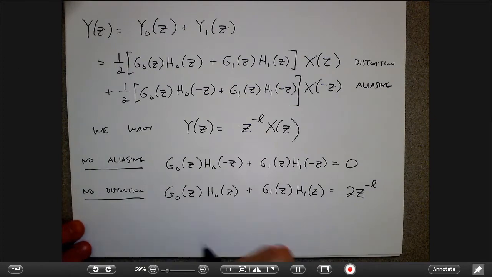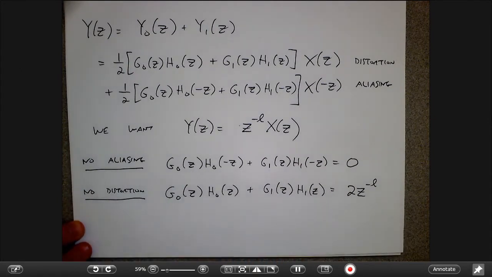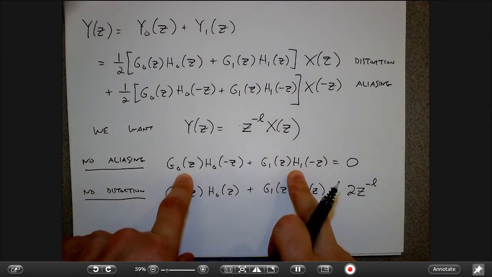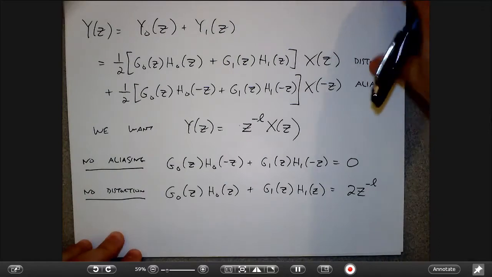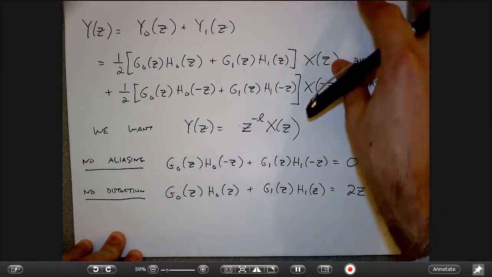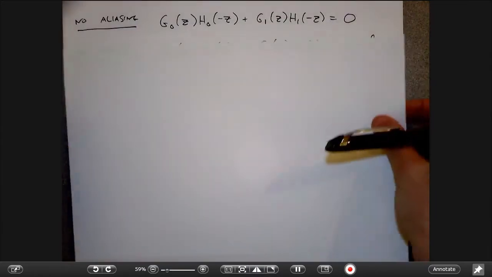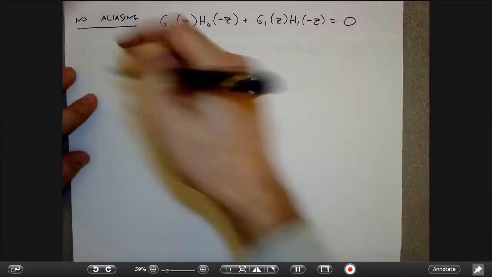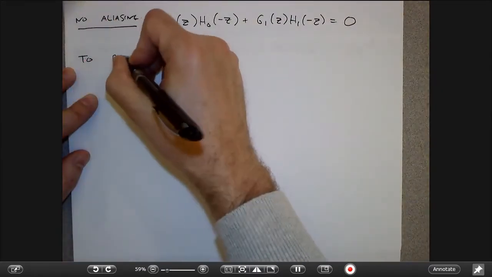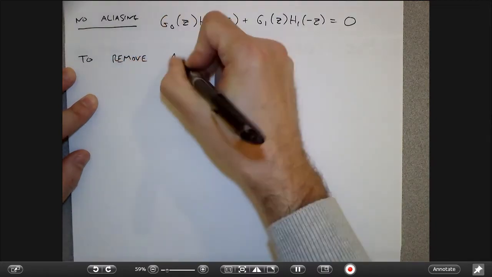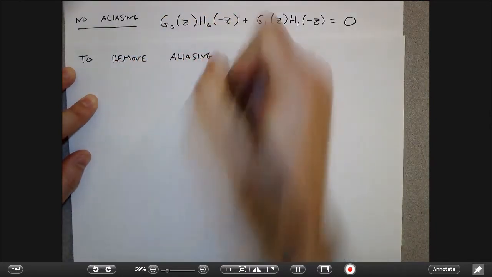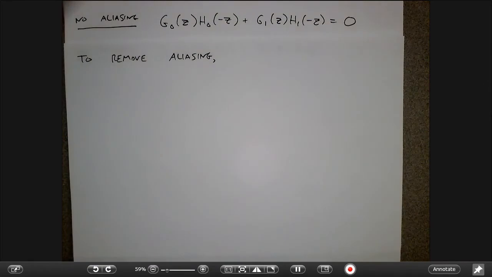And it turns out that there are some easy ways to meet these conditions, okay? So let's think about getting rid of the aliasing first. So to remove aliasing, I can make a choice about how the G's and H's are related, right?